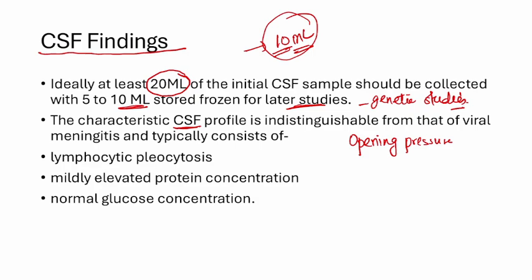Opening pressure, color, pH, then cells, then proteins, then sugar, then gram stain, PCR, etc. So these are the essential parameters that we study in the routine examination of CSF. Though we will not do PCR routinely, we do up to gram staining.